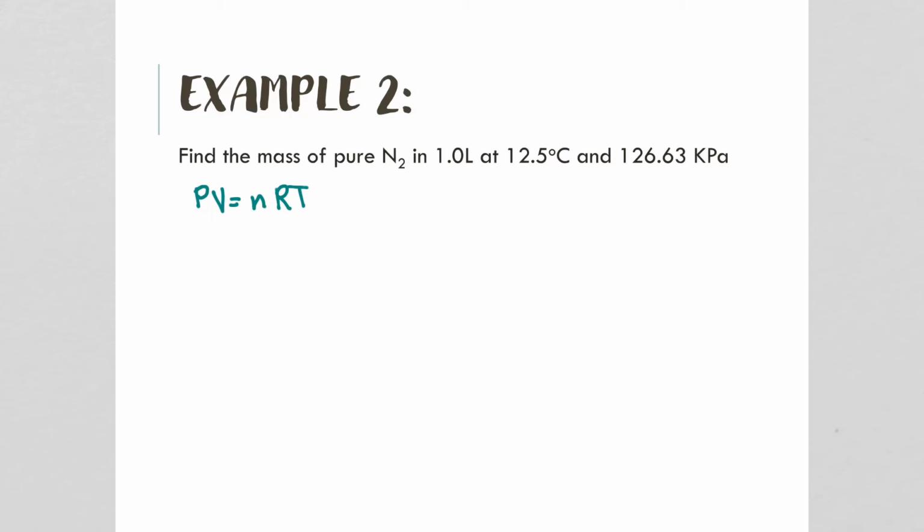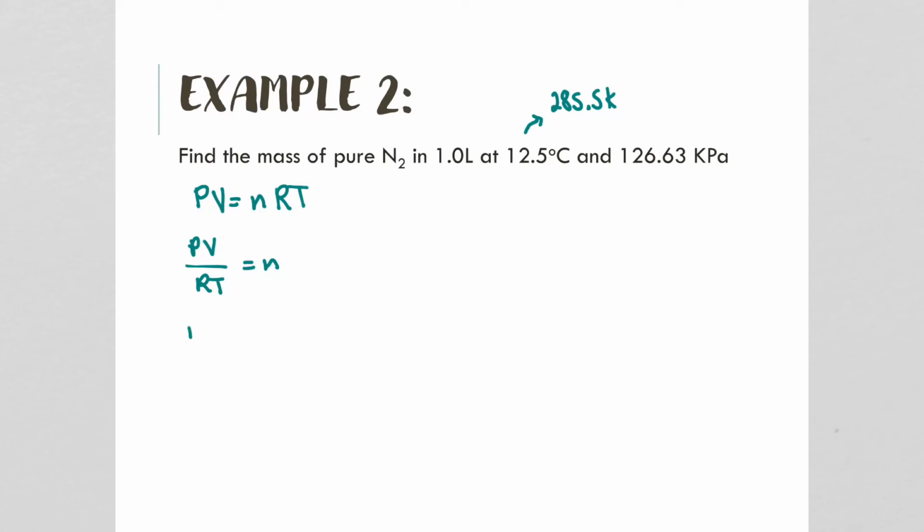We want to know, first of all, moles, so we can rearrange that to PV over RT equals the moles, and then solve. We also need to convert our temperature to Kelvin, so we will add 273 to the 12.5, so that is 285.5 Kelvin.